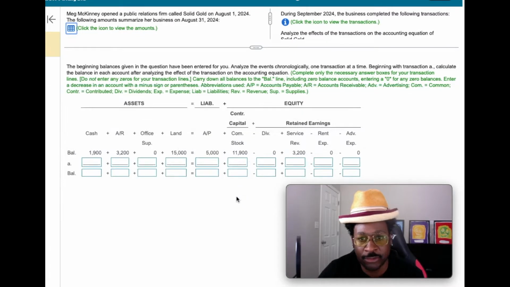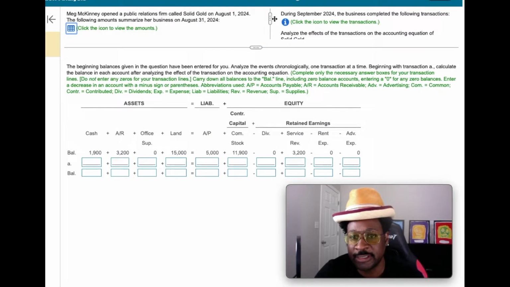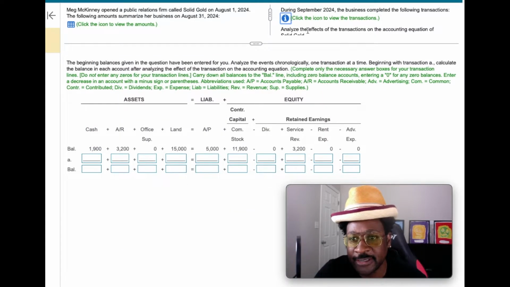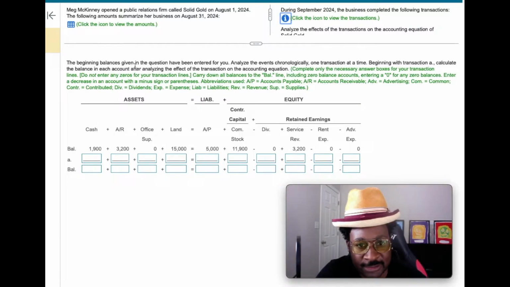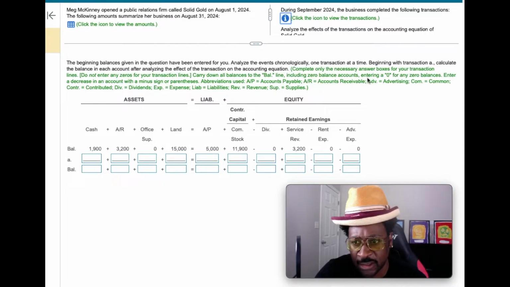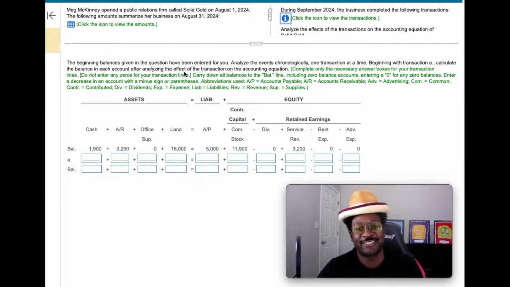Then it says during September, the following month, the business completed the following transactions. Okay, so we got some transactions here, easy breezy. Analyze the effects of the transactions on the accounting equation for Solid Gold. The beginning balance is given in the question, so put zeros here. Alright, so let's get it.